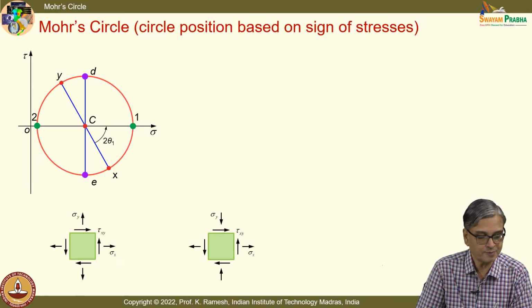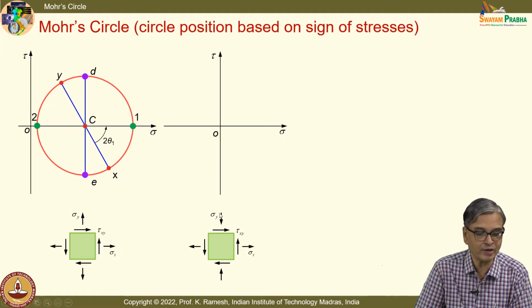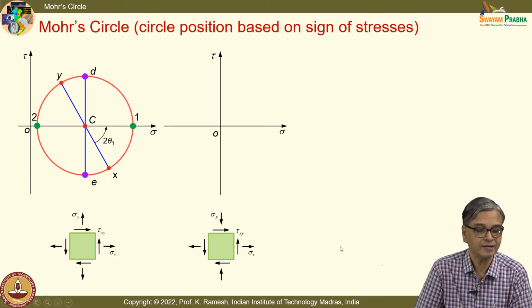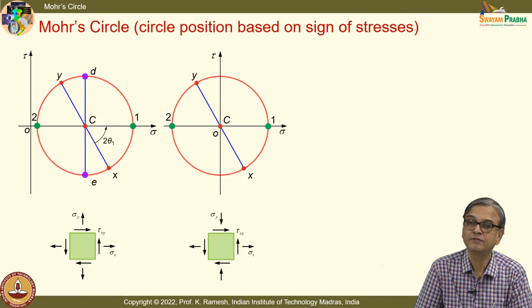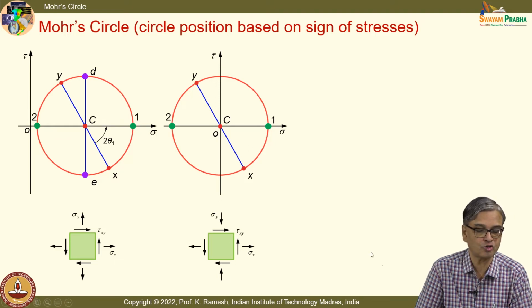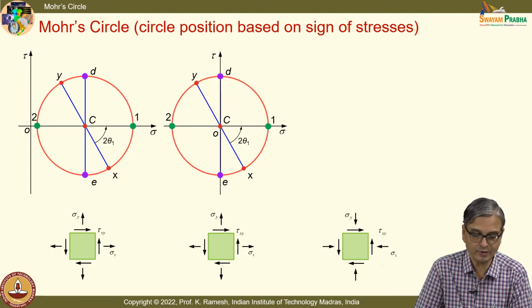I can have another possibility where I have sigma y is compressive, fine. When I have sigma y is compressive, I would have a Mohr circle which occupies something like this. Fine, and I can also have another situation where Mohr circle is completely shifted to the left. I have sigma y is compressive as well as sigma x is compressive.